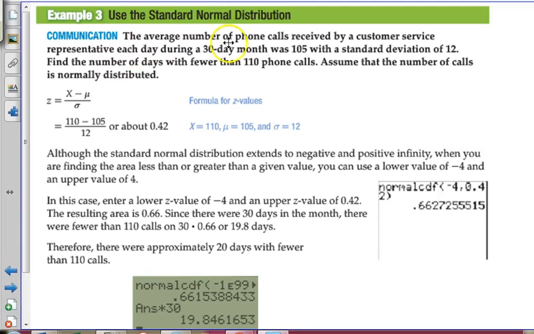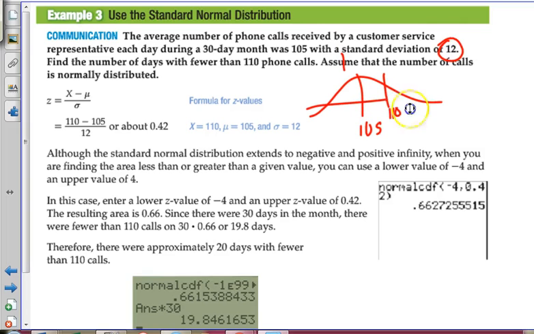All right, so the average number of phone calls received by a customer service representative each day during a 30-day month was 105 with a standard deviation of 12. Find the number of days with fewer than 110 calls. Okay, if the mean is 105 and we want to know fewer than 110, okay, this is 110. The standard deviation is 12.